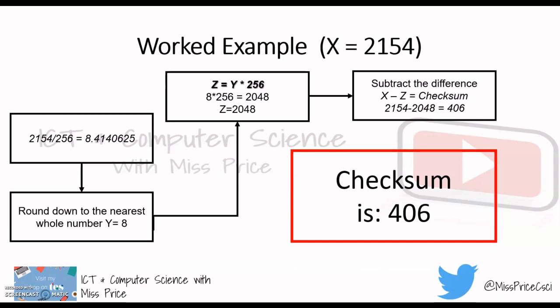Now you can see that is already a much better and much more sophisticated way of checking our data, because our computer does calculations all the time. And if it can simply agree with the other computer that the value of x is 2154, therefore it should know the checksum should be 406, because that's the agreement.